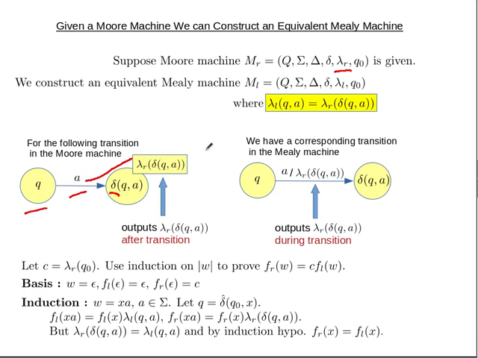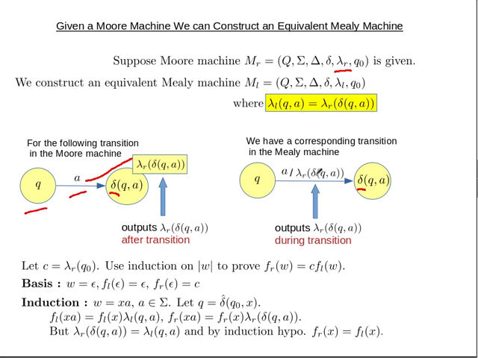It emits the same thing while making this transition, and it goes to the same state because we are using the same delta.